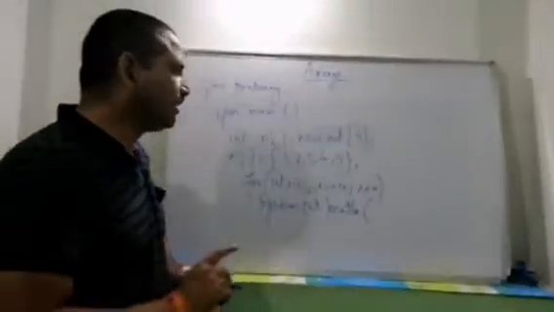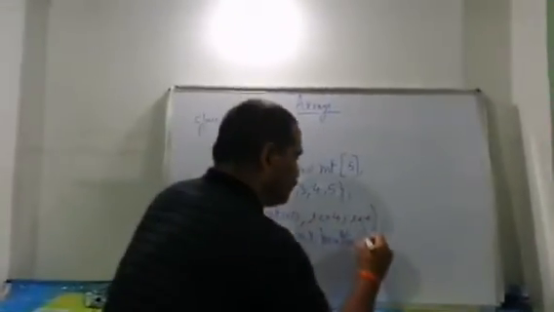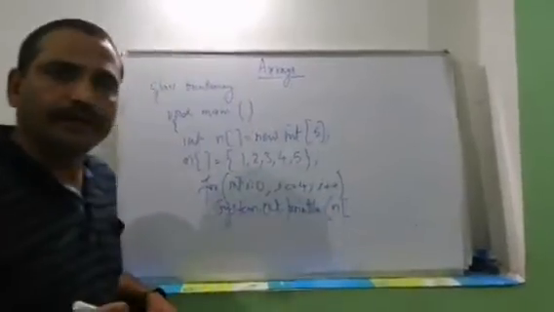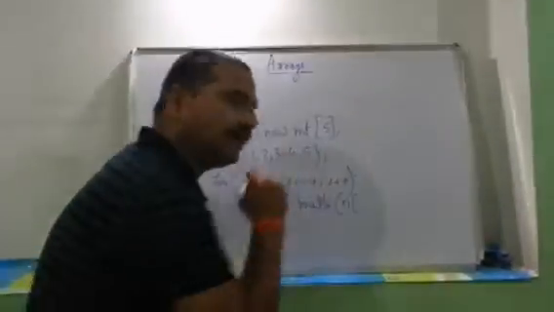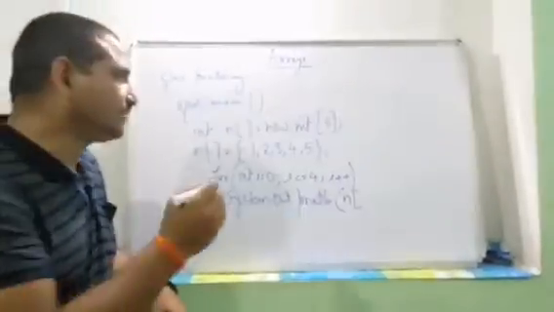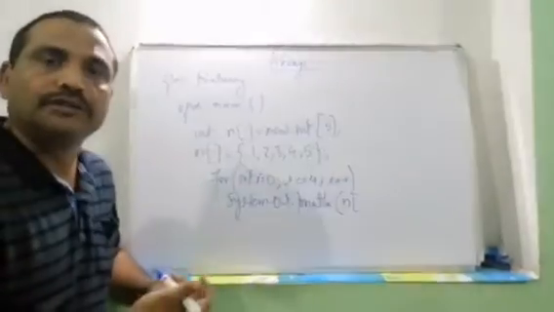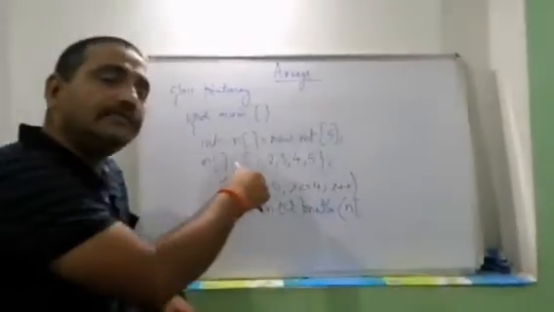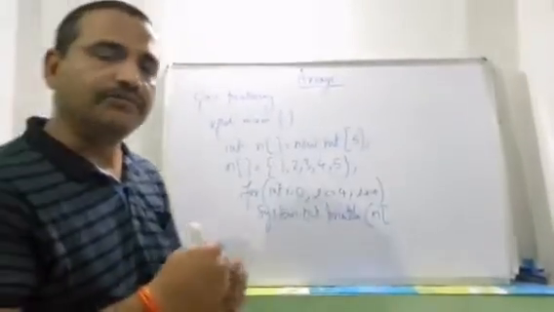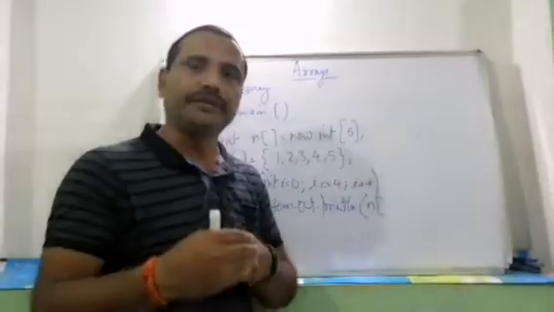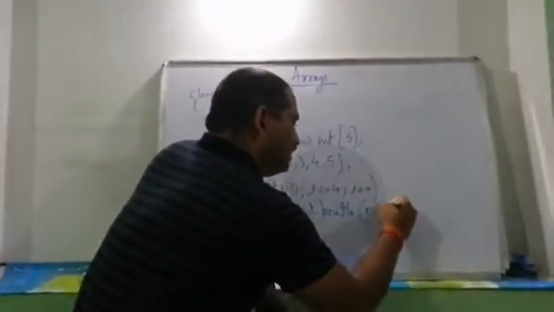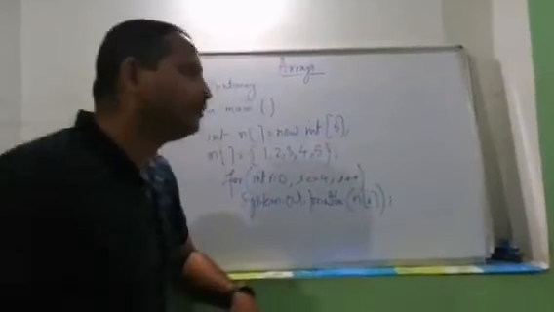What is the name of the array variable? n. So we will write n. Then inside the subscript operator we have to write the index value. Index value will be 0, then 1, then 2, then 3, then 4. And the value of i will change: it will be 0, then 1, then 2, then 3, then 4. So we have to write i inside this print statement.